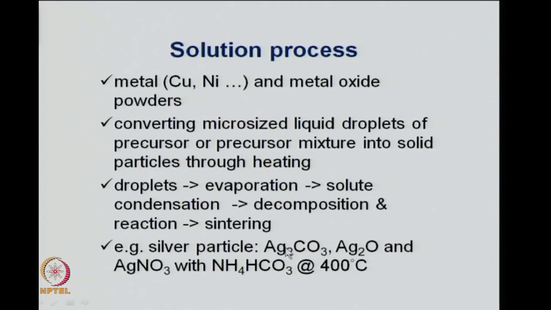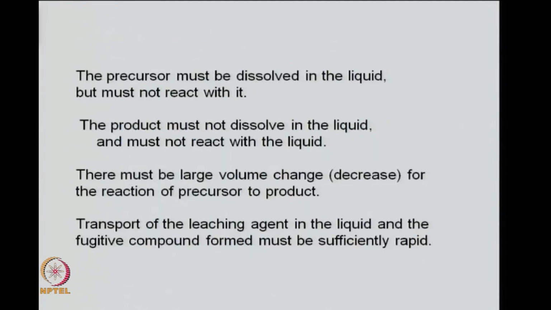So, maybe silver carbonate or silver oxide with ammonium bicarbonate will be present in the droplets, and when you heat them at 400 degrees, they will leave behind silver particles. So, this is the solution based process of spray pyrolysis.